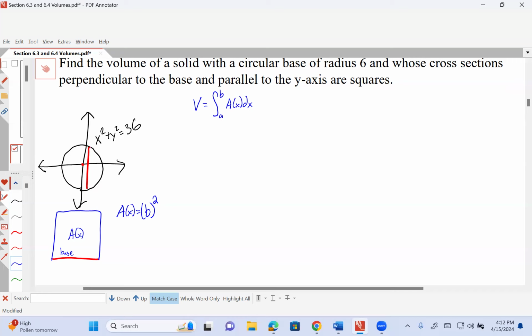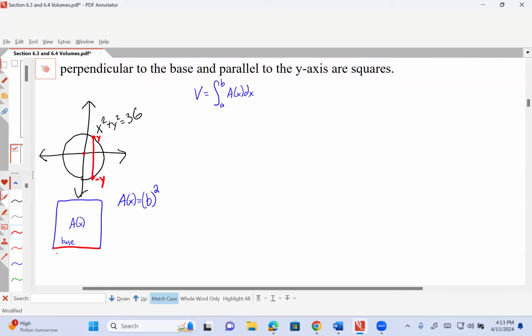The length of the base is relating to this red line on our circle, just at any x location where it's going between y and negative y. So the base length is a length of 2y.